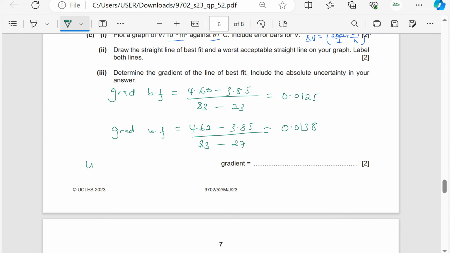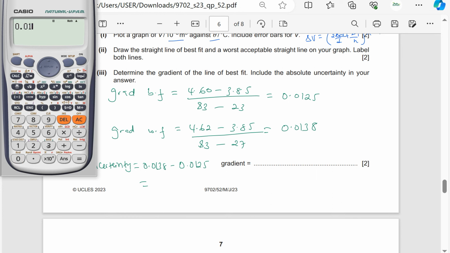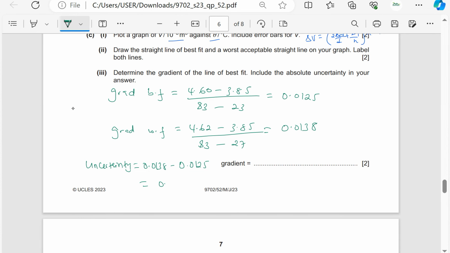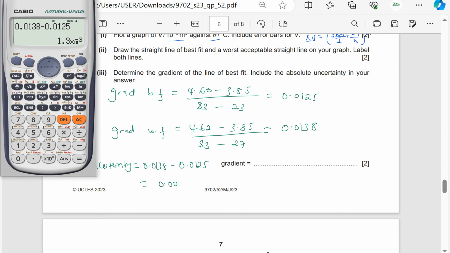So then the uncertainty is going to be the difference. So you just take 0.0138 minus 0.0125, which is 0.00, how many decimal places?